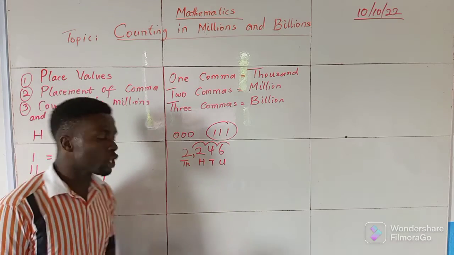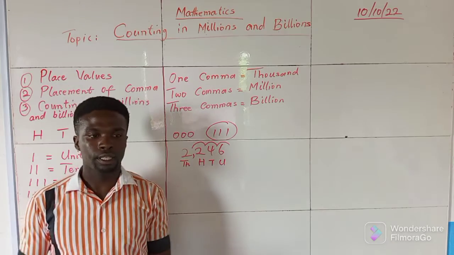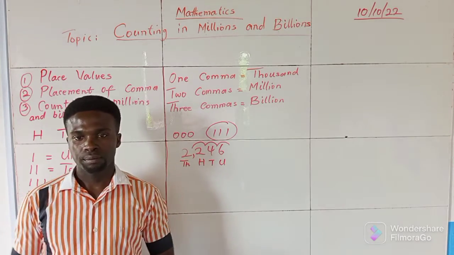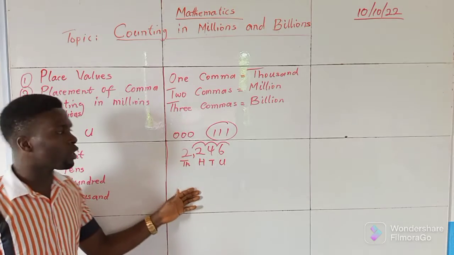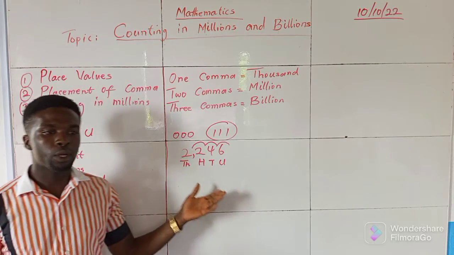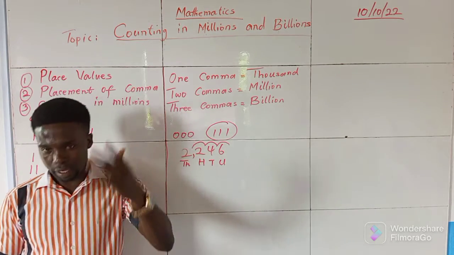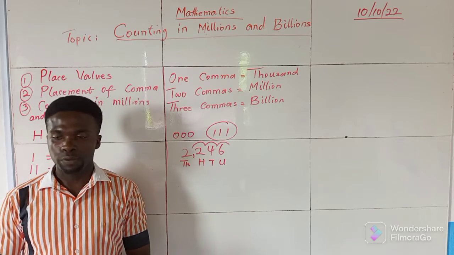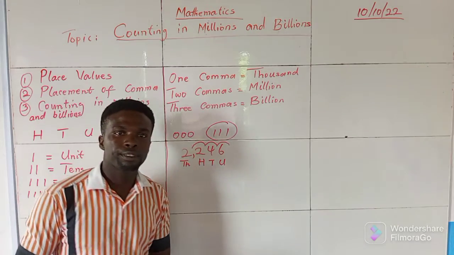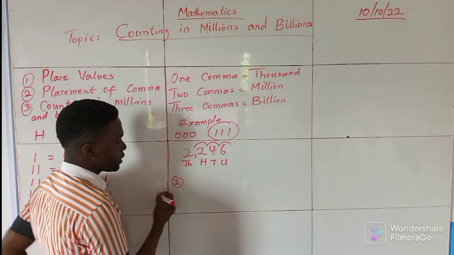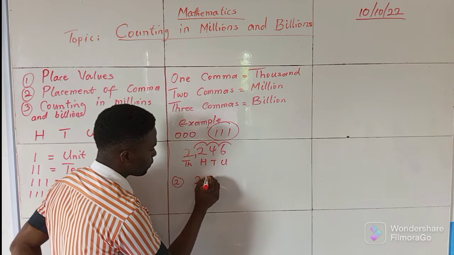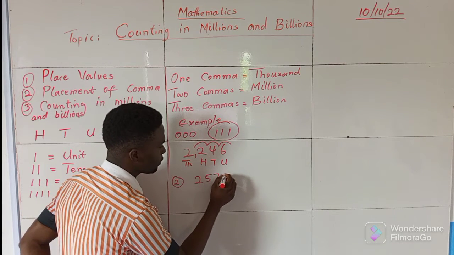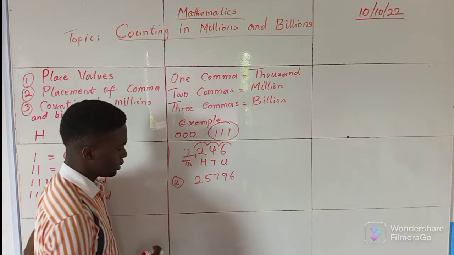So if you are given any number, the first thing you need to do is the grouping. You first look into the grouping. How many numbers are there? How many commas are we going to have in this set of numbers? Are you following? Let me take this number: 25796.